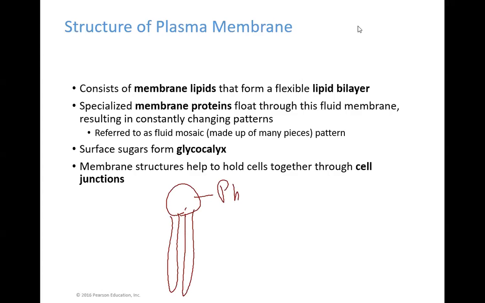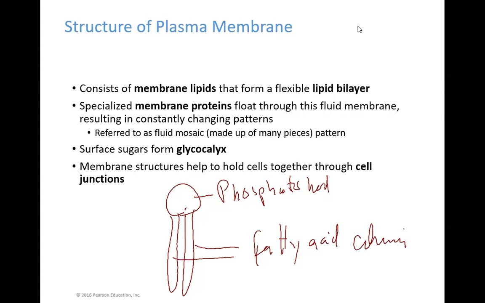This is the phosphate head. And here are the two fatty acid chains. Instead of looking like a typical triglyceride, which would have the 3 carbons of glycerol and then the fatty acid chains, there's your typical triglyceride.